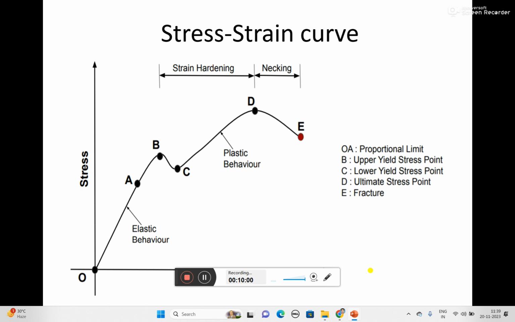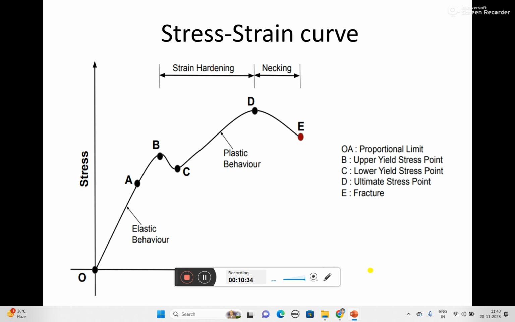This particular point B is known as the upper yield point, where the material requires the maximum stress to initiate the plastic deformation. Because it is just the initiation of plasticity, it requires a high amount of load, so the material attains the maximum stress. That's why the stress value is increased.